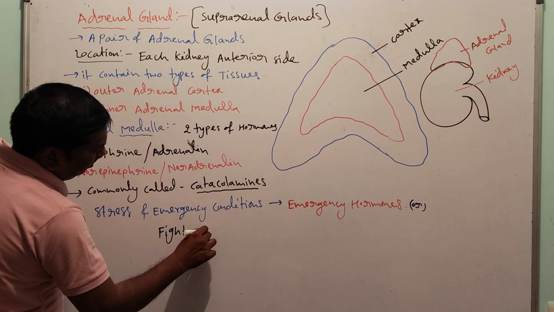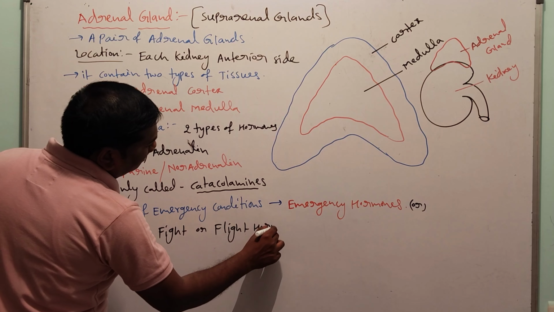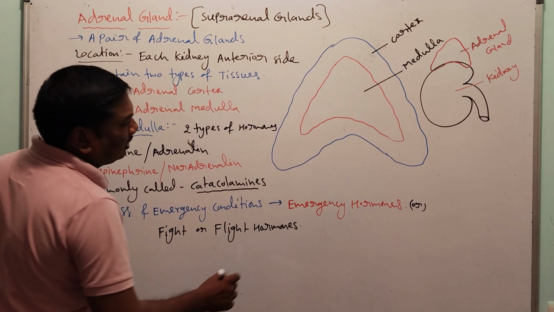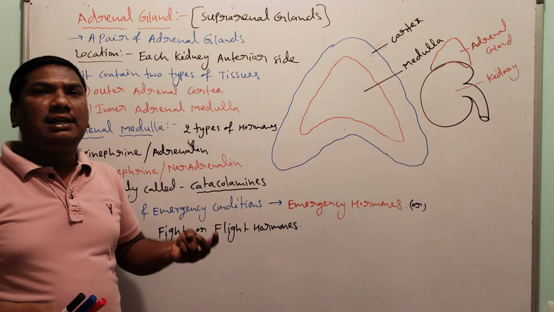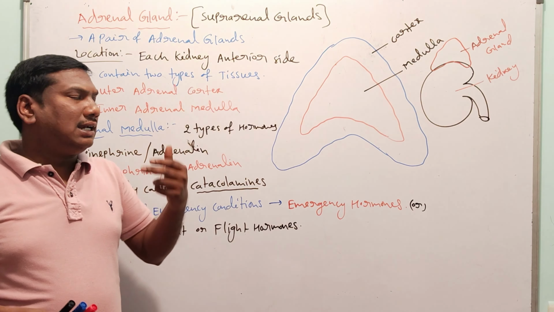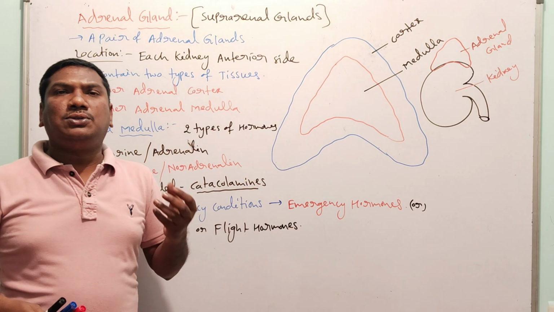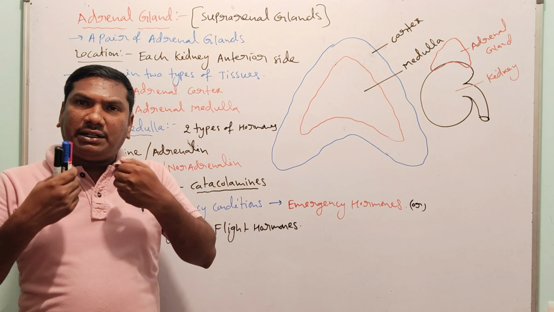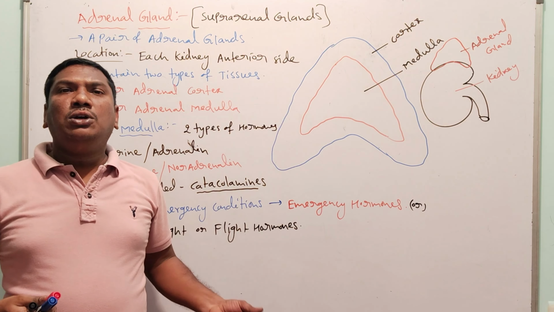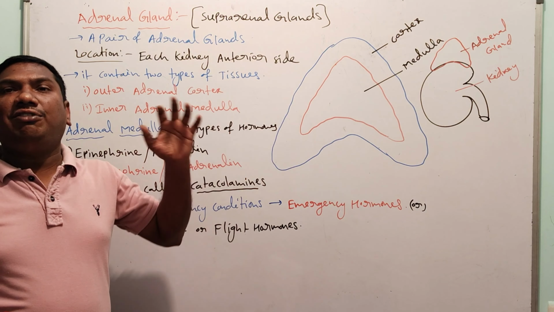Normally, the adrenal medulla releases two types of hormones. These two types of hormones are released in stress conditions or emergency situations. So these hormones are called emergency hormones or fight or flight hormones.